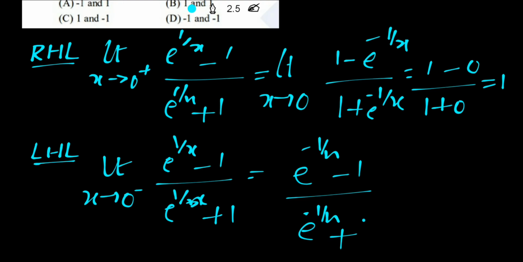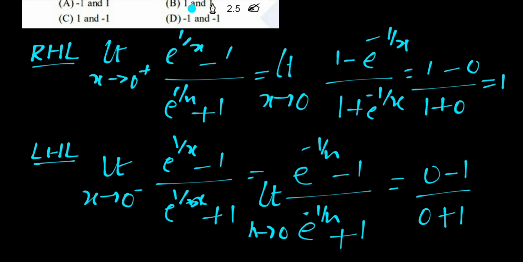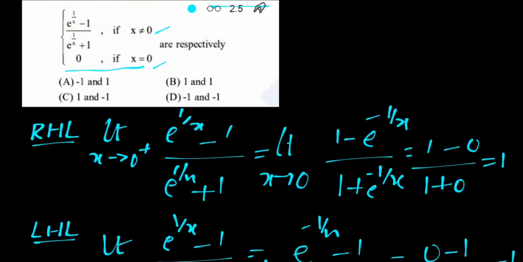That is 0 minus 1 divided by 0 plus 1, as limit h tends to 0. So the answer is minus 1. So the right hand limit is plus 1, the left hand limit is minus 1. So option C is the correct answer.